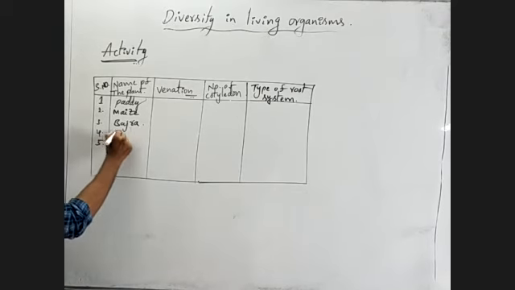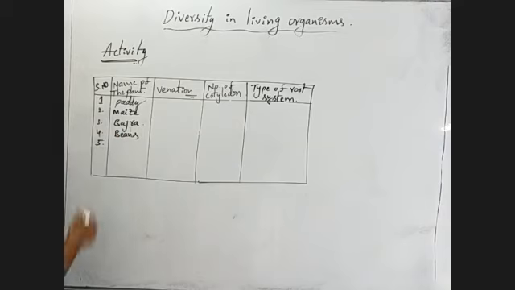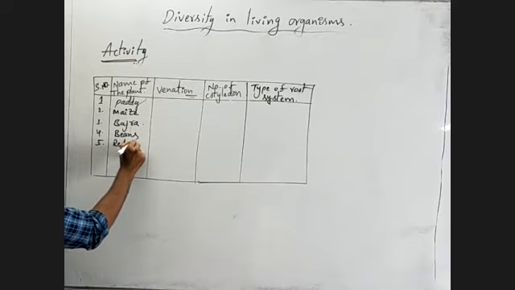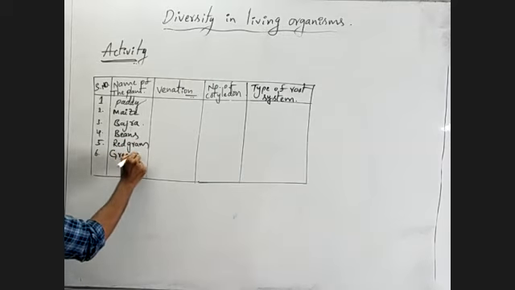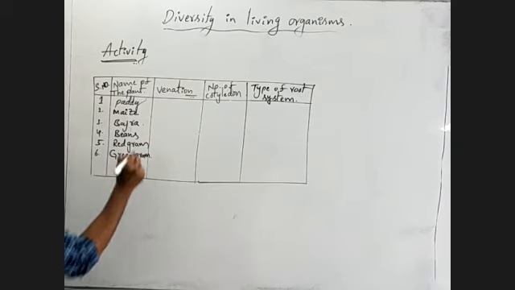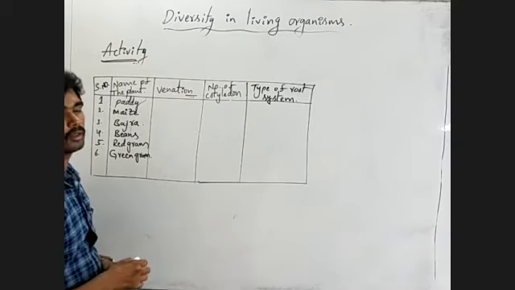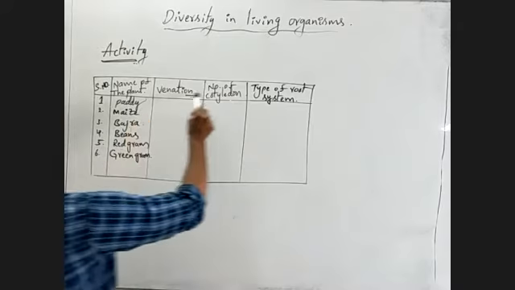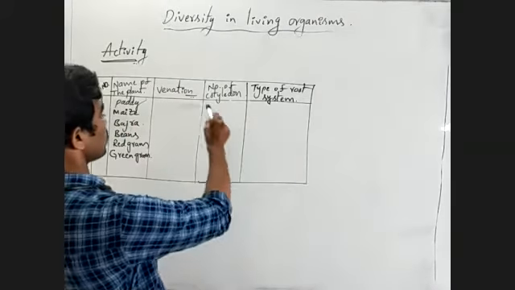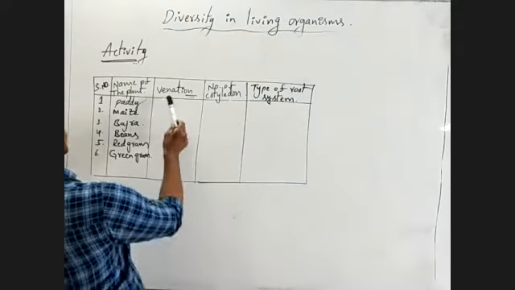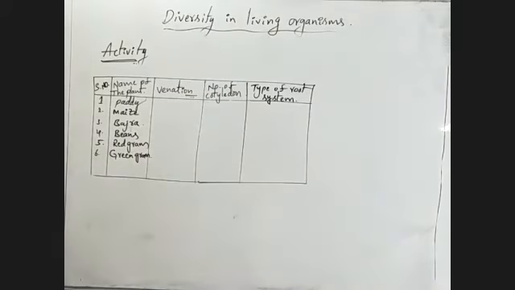We have taken beans, next red gram, next green gram. Okay, now we have to observe these characters in all these taken plants. Then you have to write the characters in the appropriate columns. Okay, observe.